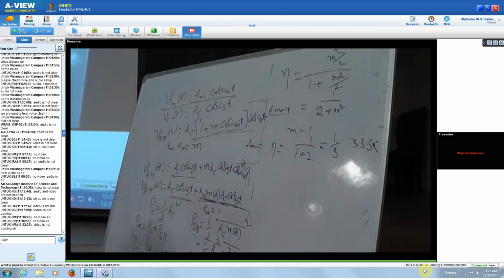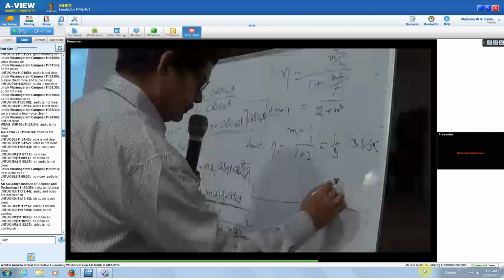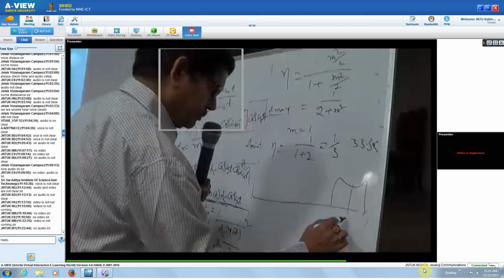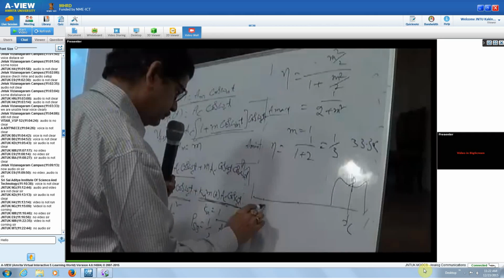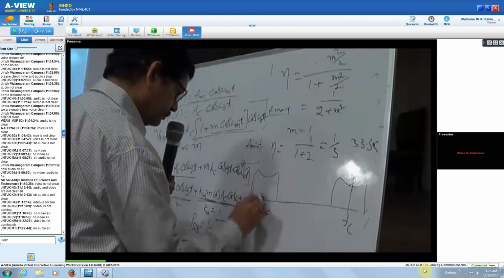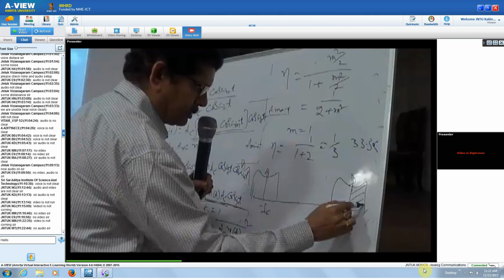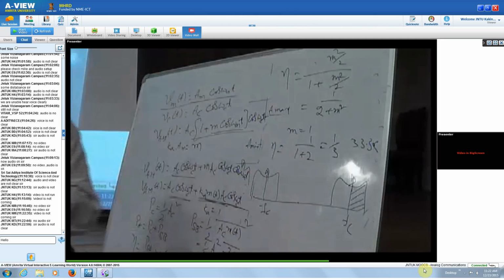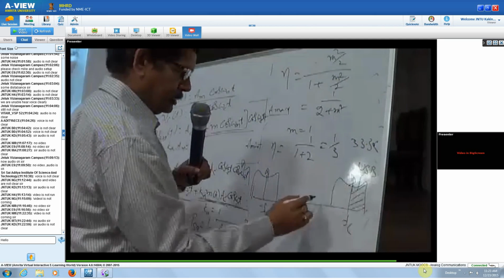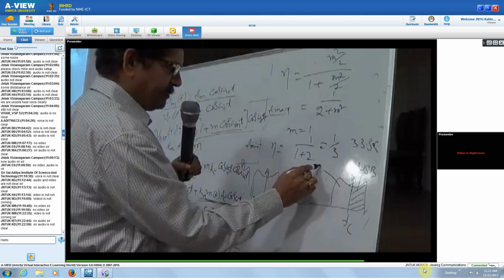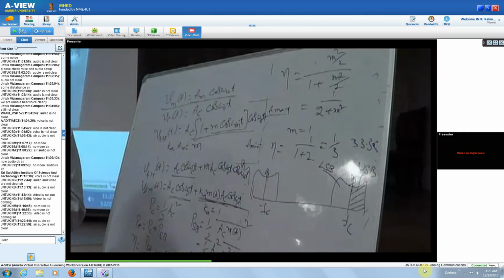As I said, we have this waveform. FC to FC plus FM, we said is the upper side band, and FC to FC minus FM, we said is the lower side band.